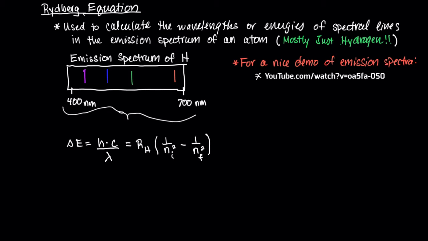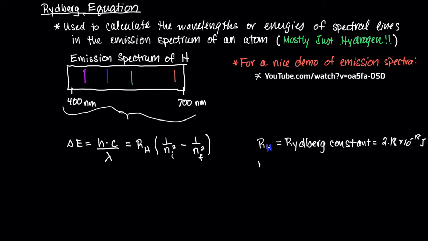R sub H is the Rydberg constant, equal to 2.18 times 10 to the minus 18th joules. The nice thing about writing R sub H is that it reminds us that this is specific to the hydrogen atom and we can't use it for atoms with more than one electron.